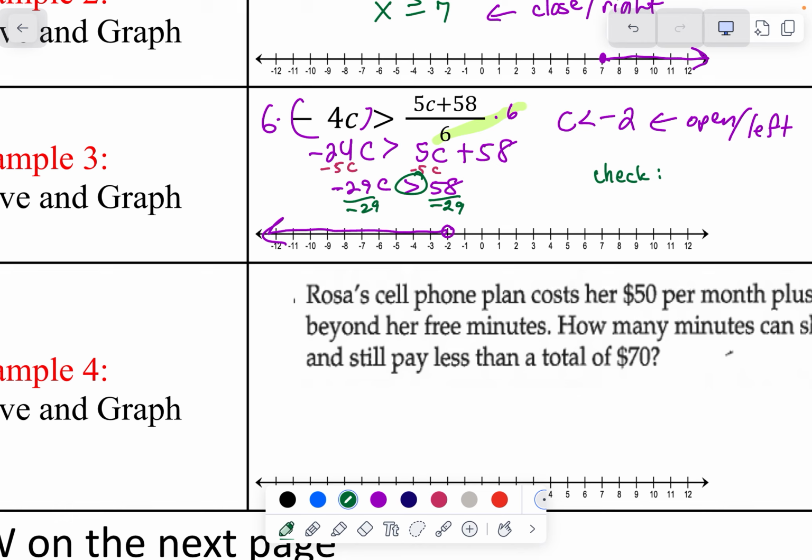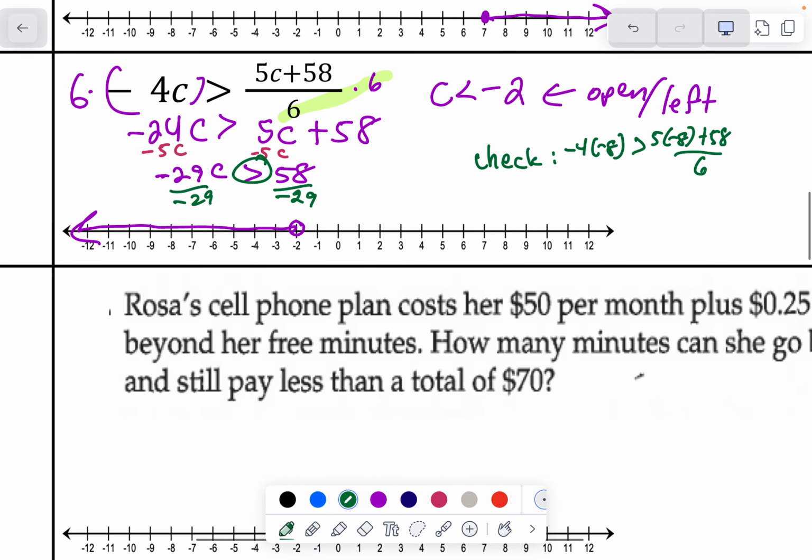It could be any number that you colored in, but I colored in negative 8. So let's plug in negative 8 and see if it works. Is negative 4 times negative 8 greater than 5 times negative 8 plus 58 divided by 6? If that is a true statement when I plug in one of the values I colored in, then I'm probably good to go.